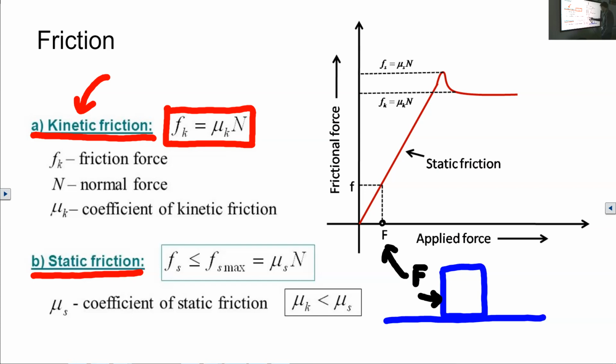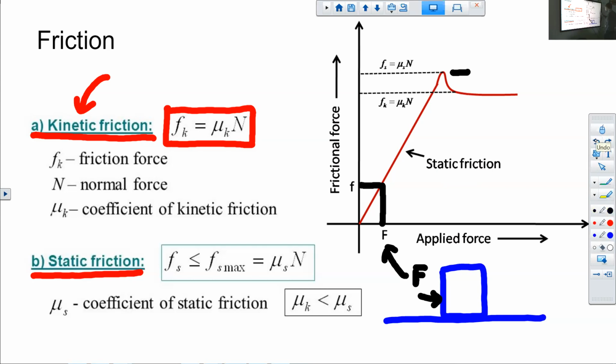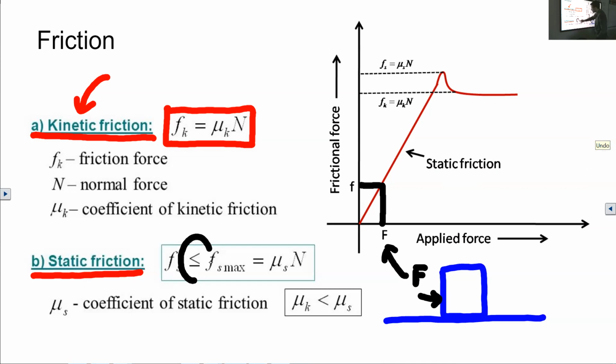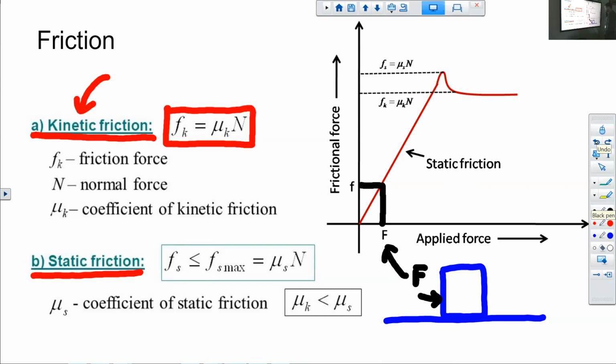If I applied this force, that means force of friction only needs to be this big. There's way more force that friction could apply, but it's not doing it because it doesn't have to. That's why in some cases, it could be less than or equal to the coefficient times the normal force. Because if you're not pushing on it hard enough, it doesn't have to push at its maximum strength backward.